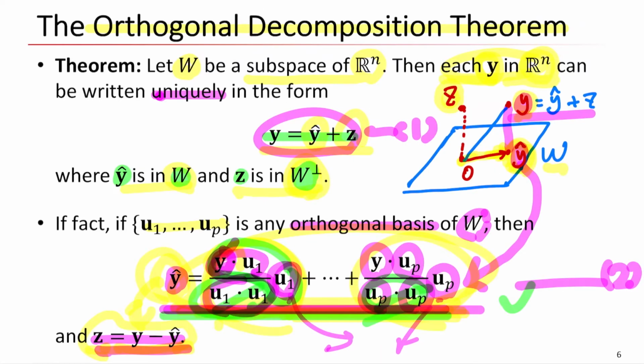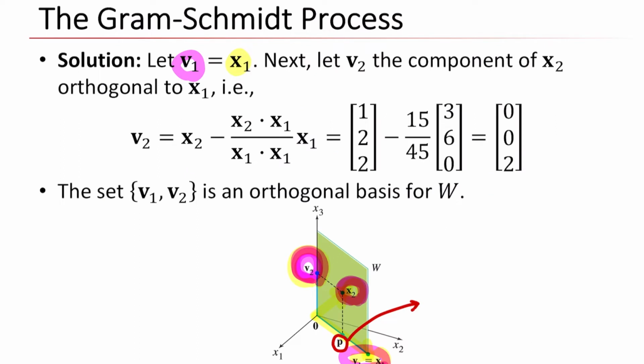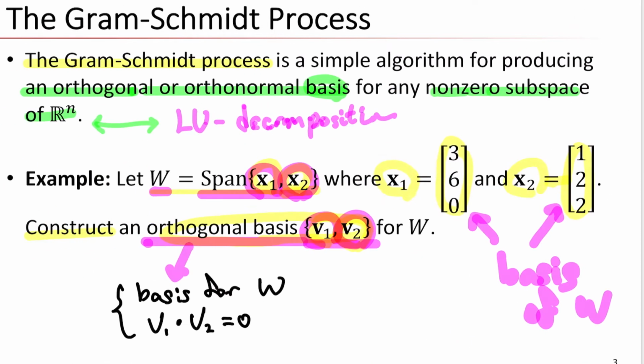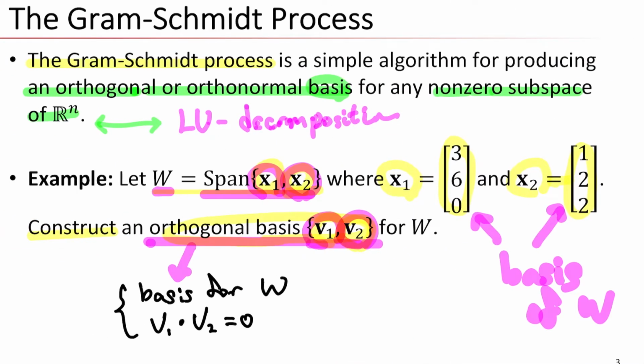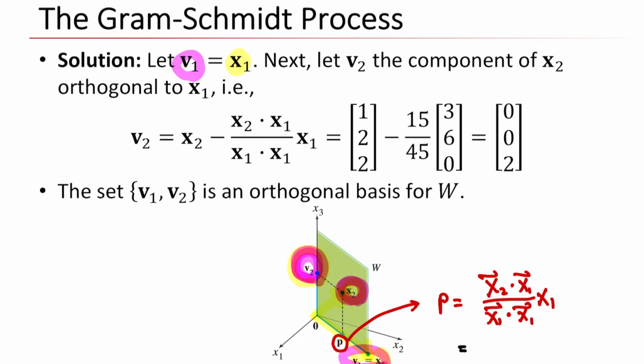So if you remember this theorem, this P should be (x2 inner product x1) over (x1 inner product x1), times vector x1, right? Because x1 and x2 are defined something like this, right? So x1 is (3, 6, 0), so x1 inner product x1 is 3 squared plus 6 squared plus 0 squared, right?